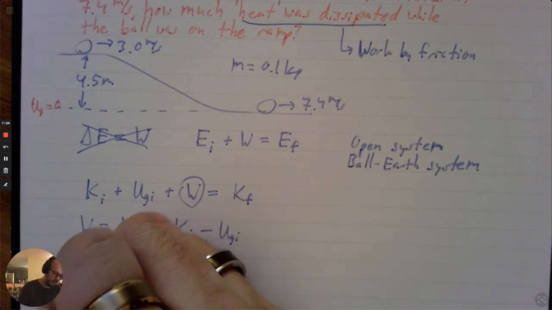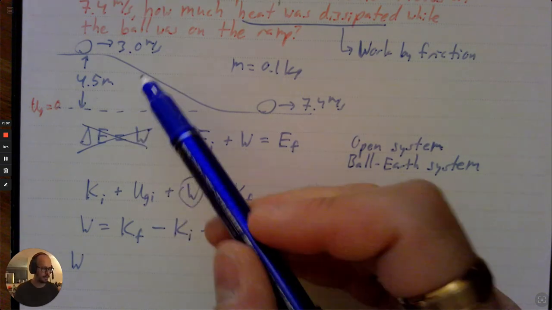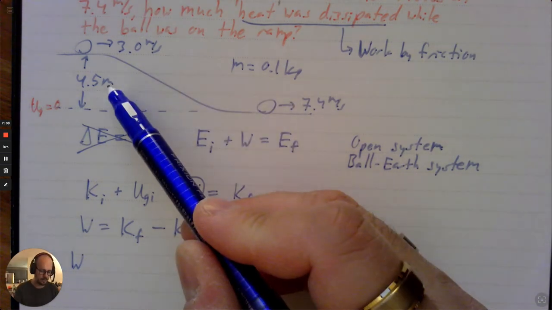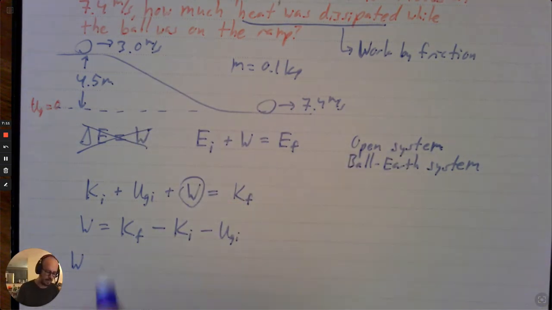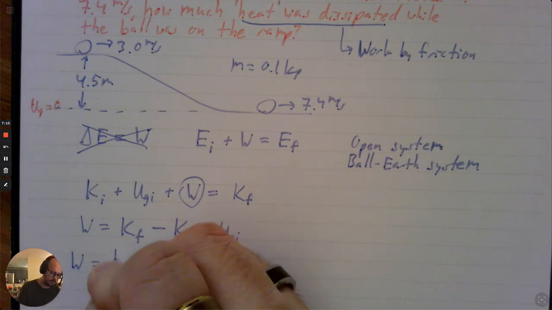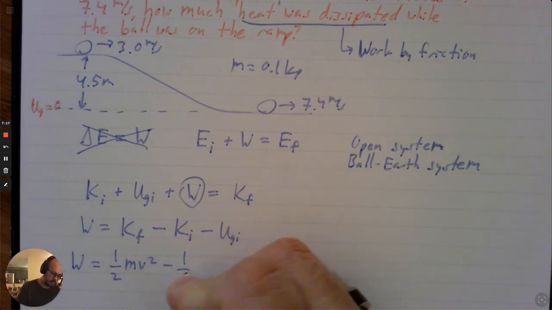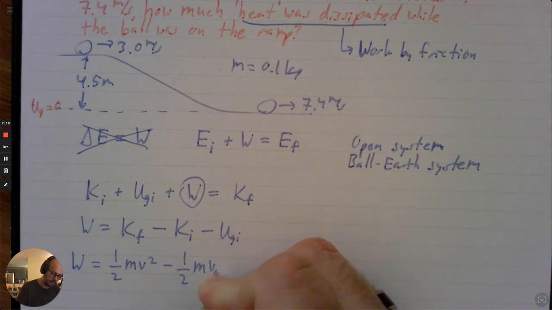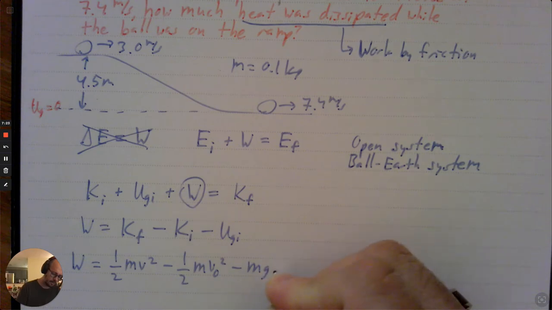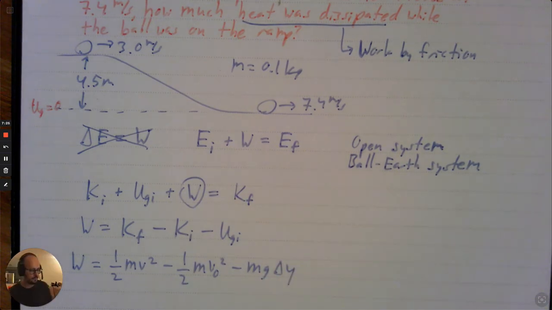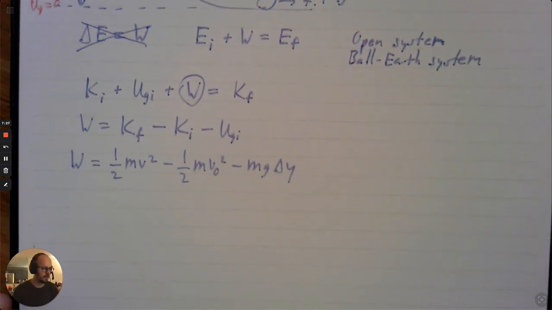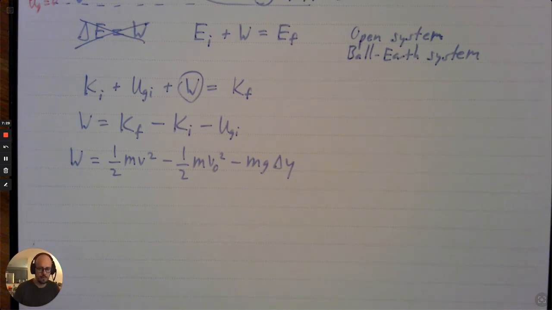All right, so now looking at all the data, I have the speed, the mass, the height of the ramp, the final speed. I'm going to expand every equation. So 1/2 mv squared minus 1/2 mv naught squared minus mg delta y. A couple things about this equation.